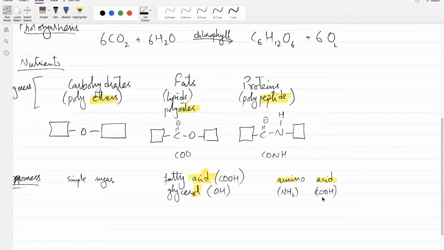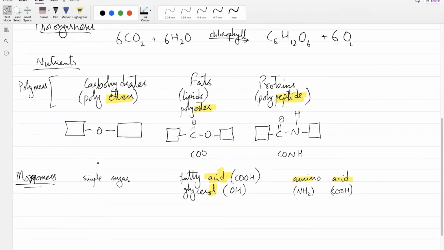Okay? So COOH and amine, these are the two things that make this up. So these are the main monomers that make these polymers up.